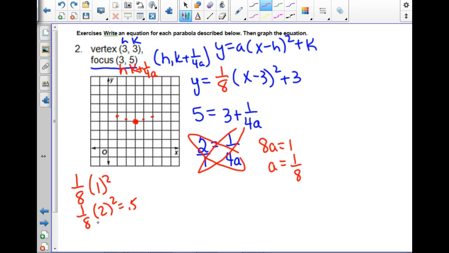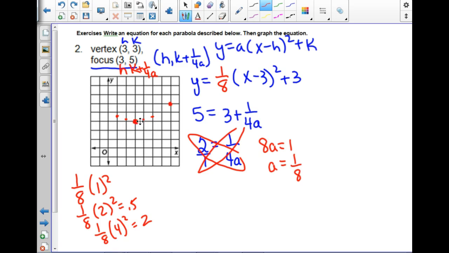You could keep going, but what's a nice one to put in so we get it finished? I don't want to put in 3, 4. There you go. 1/8 of 4 squared would be 1/8 of 16, which is 2. So from the vertex, you can go right 1, 2, 3, 4.